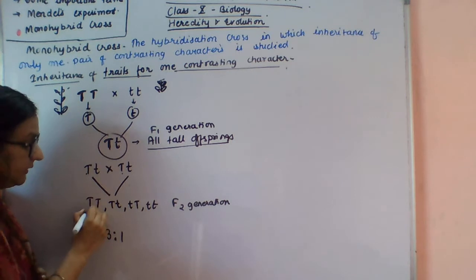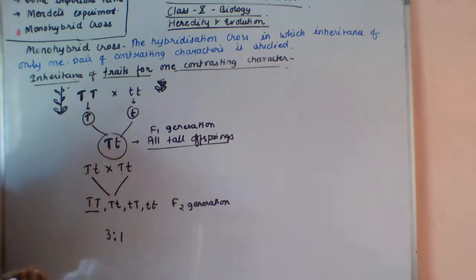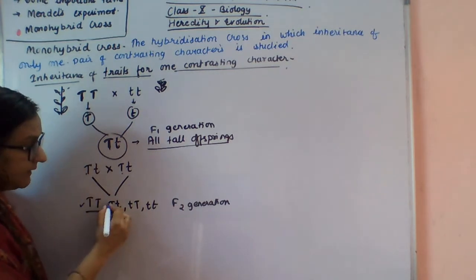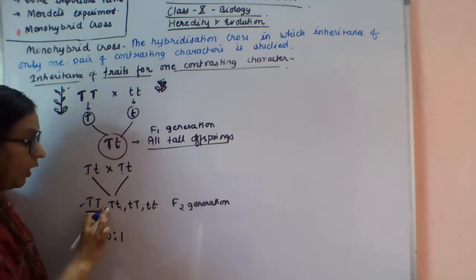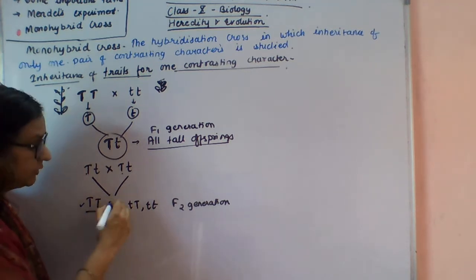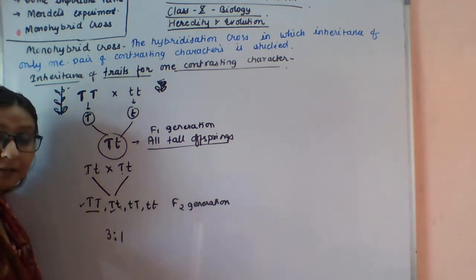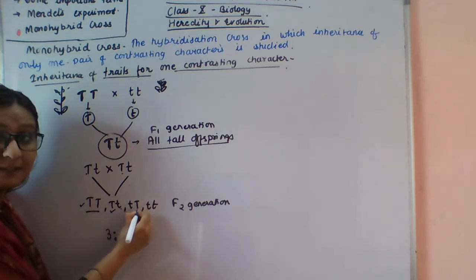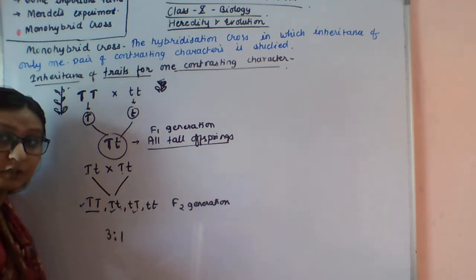See, this is capital T, capital T. Obviously, the presence of the dominant character means this tree will be tall. Here again capital T, small t. Again the dominant gene is present, so this plant also will be tall. And again the dominant gene is present, so this plant also will be tall.